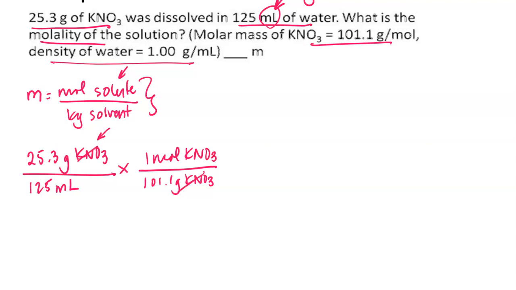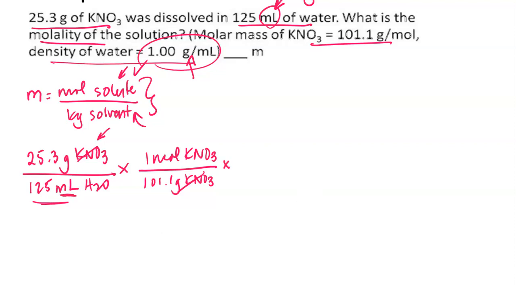So now I've got my moles of solute in place. Now I have to worry about converting the volume of water to kilograms of water instead. And that's where the density comes in. But if you notice, the density is expressed in grams per milliliter. So let's go ahead and use that conversion factor as it's given.